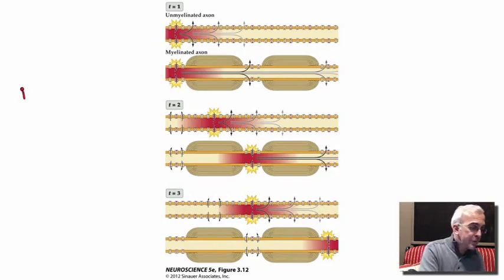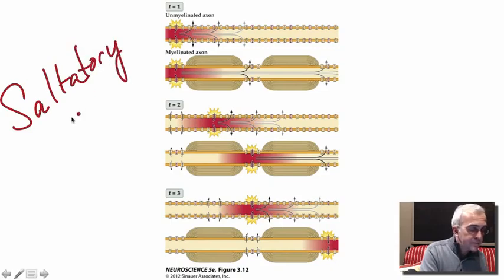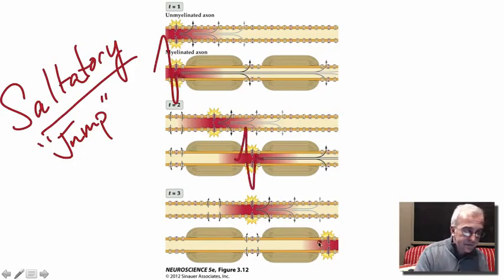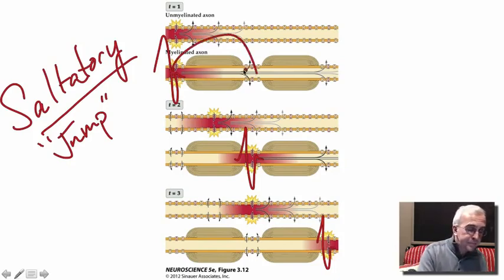Now, there's a term for the type of conduction that we see in a myelinated axon. It's called saltatory conduction, which means to jump. So the implication is that the action potential jumps from one node to the next along the length of this myelinated axon.